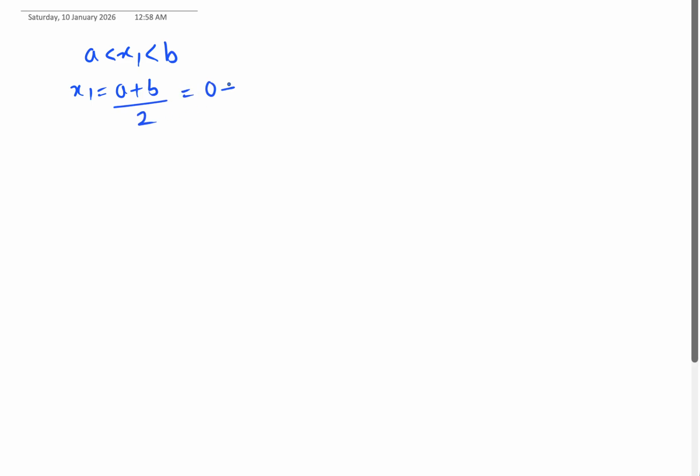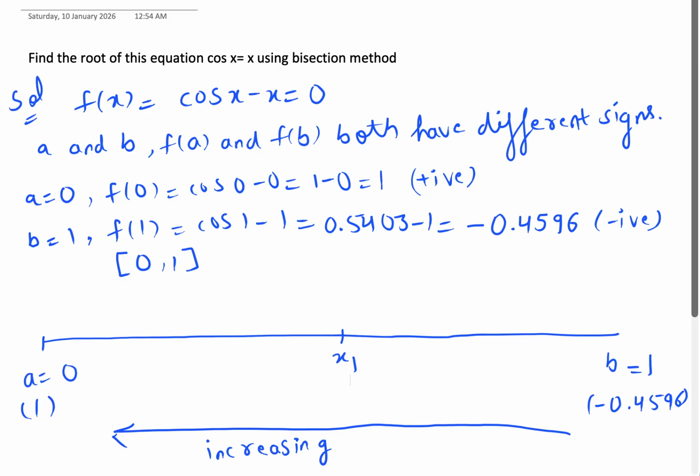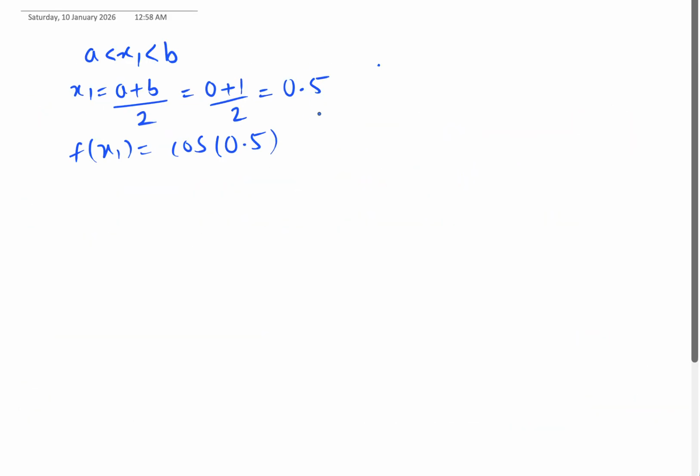It was 0, plus 1, upon 2. It becomes 0.5. Now we need to find out f(x1). It would be cos of 0.5 minus 0.5. What was here? Cos x minus x.